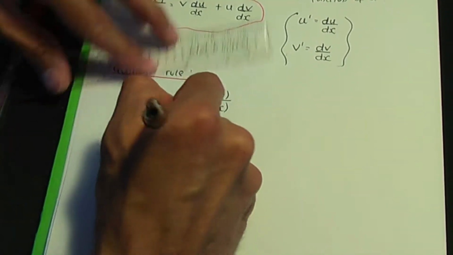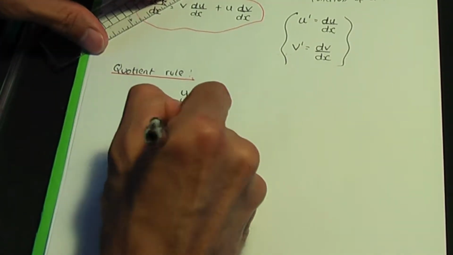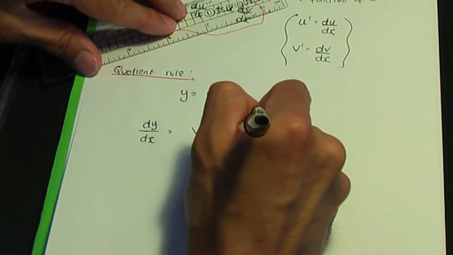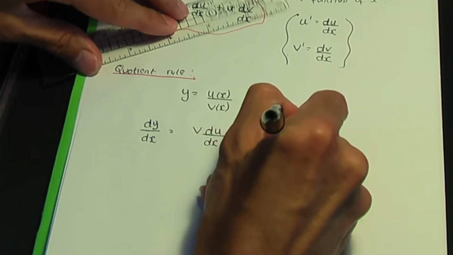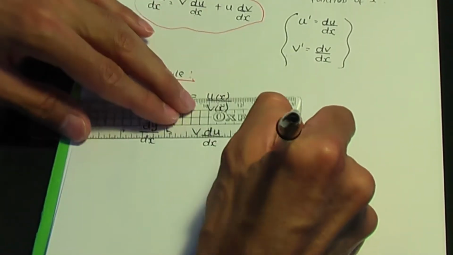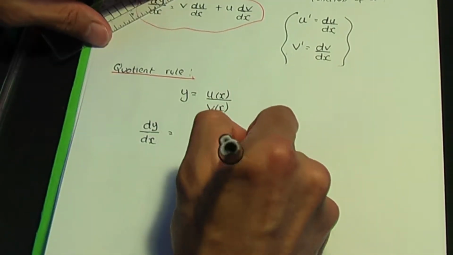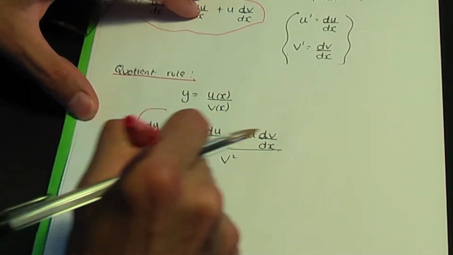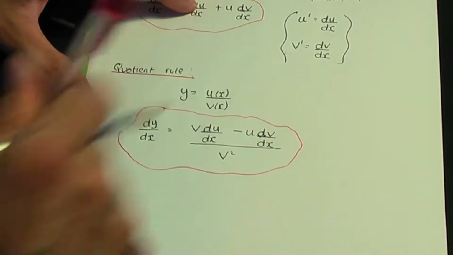So here is the quotient rule. dy over dx is v du by dx minus u dv over dx, divided by v squared. So let me highlight the quotient rule of differentiation as well.